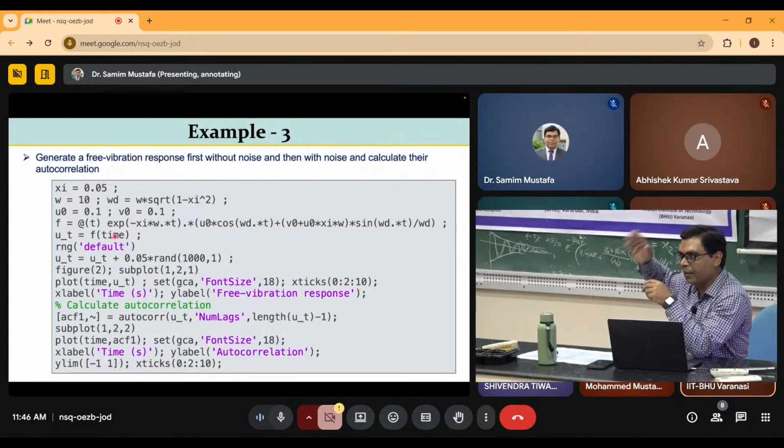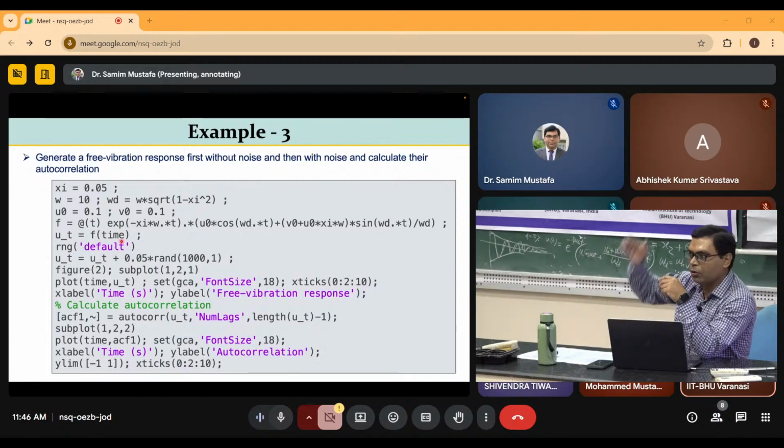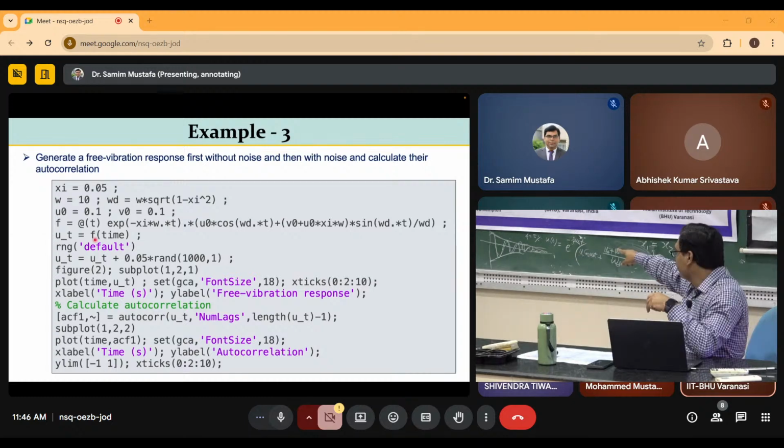So it will create 1000 data points. For each of those times, when t equals 0, 0.01, 0.02 and so on, you calculate this function. That will give you the function ft or ut.